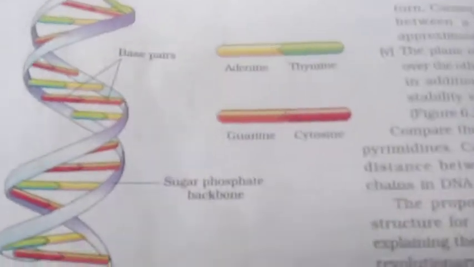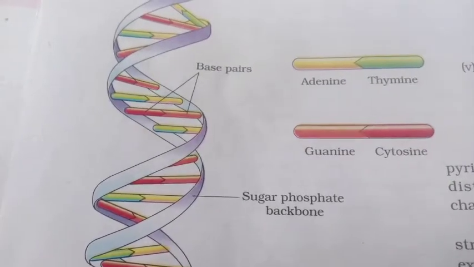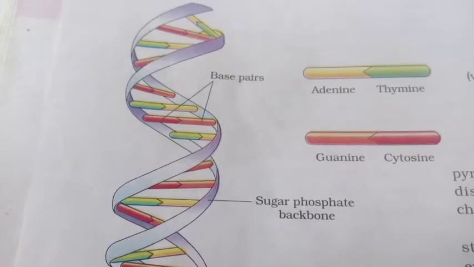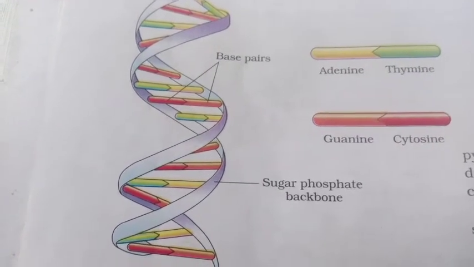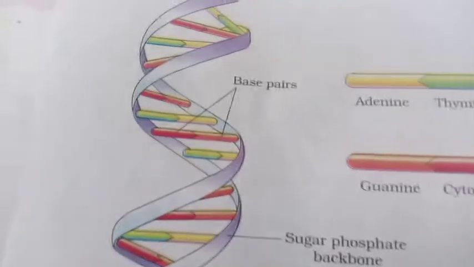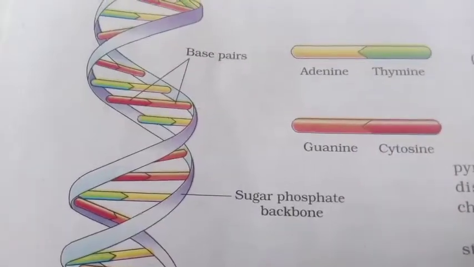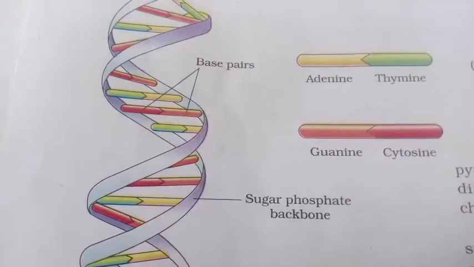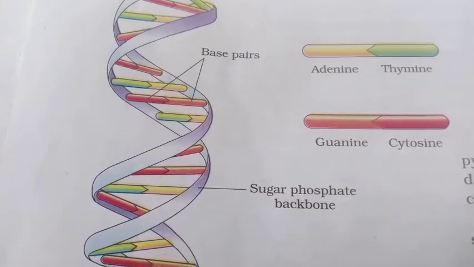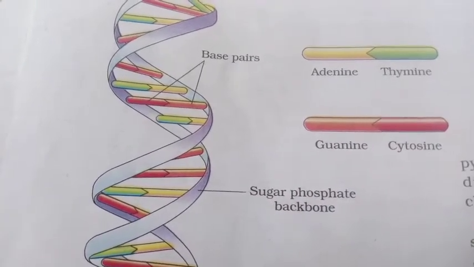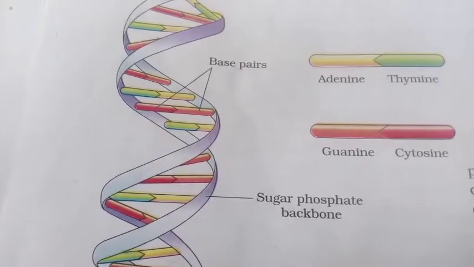Bases are in the form of adenine and thymine. Adenine is connected to thymine, whereas guanine to cytosine. That is a purine base against a pyrimidine in the double helical structure: adenine against thymine and guanine against cytosine.